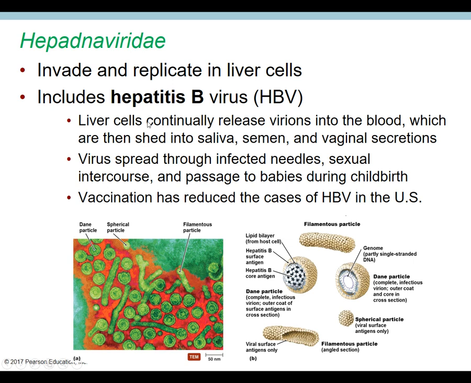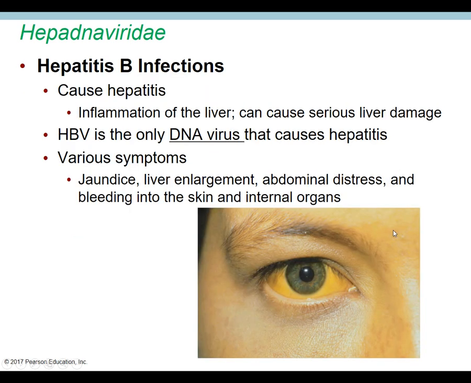And the liver is really important for your anatomy and physiology. It has serious effects on you if you get hepatitis. But there is a vaccine, and that's really reduced the Hep B in the U.S. anyway. I think it's been effective in the world in general.